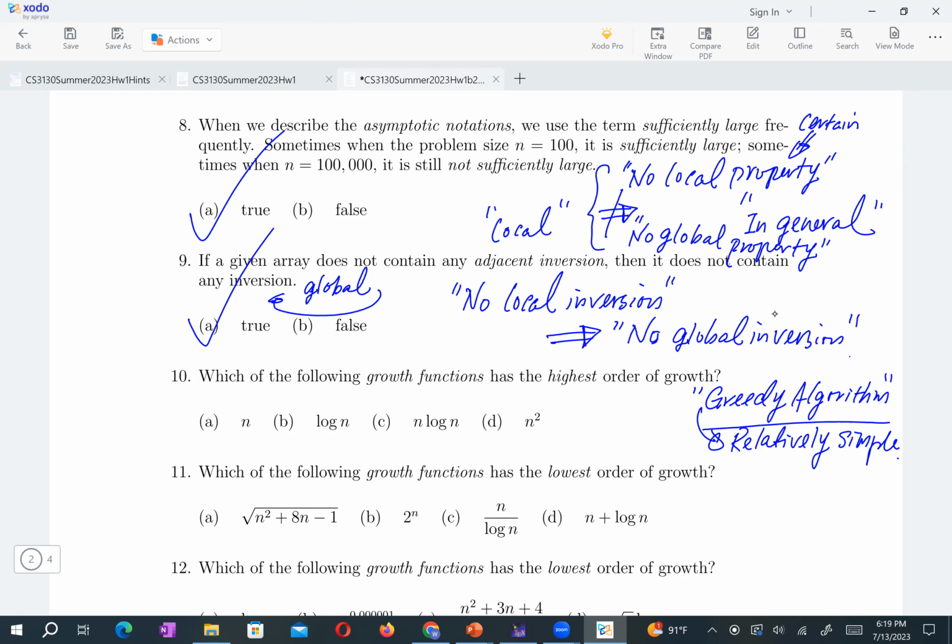So here I interpret it as finding the local maximum or minimum.